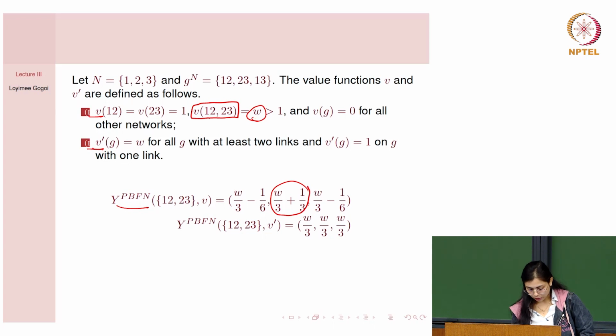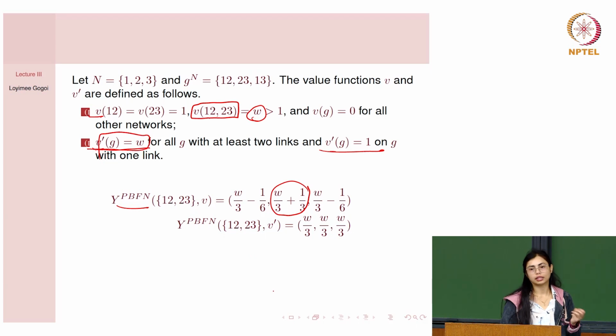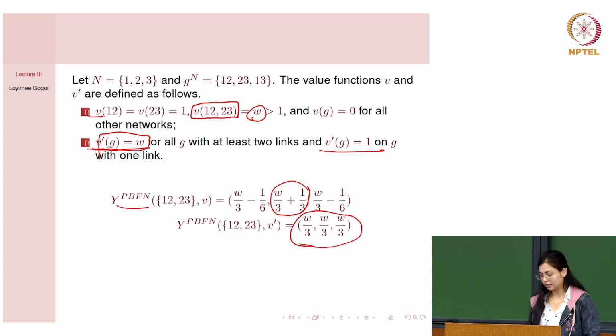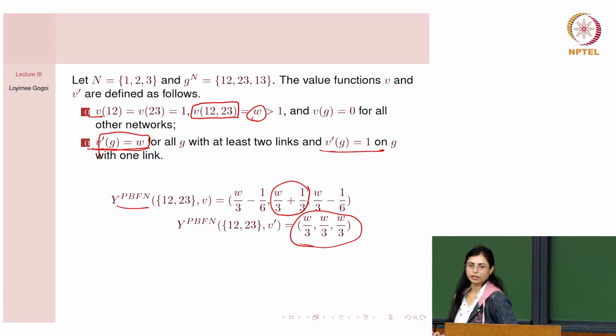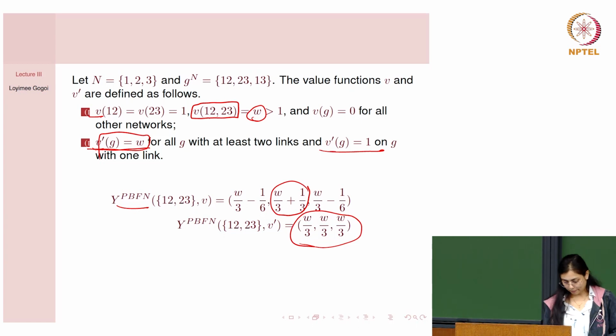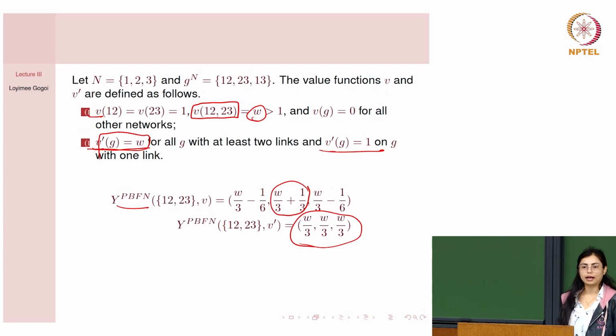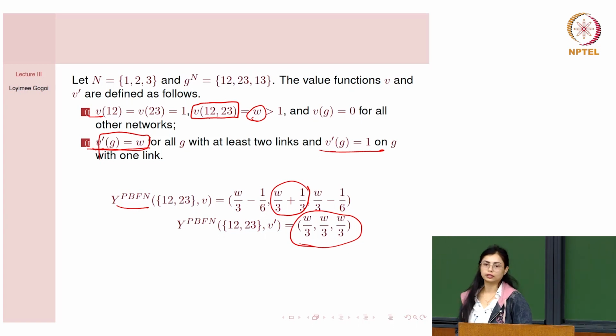In V prime, everyone is generating omega, so it's a constant game, and everyone is getting the same payoff. If you use the earlier formula on this example, then you will have these payoffs.